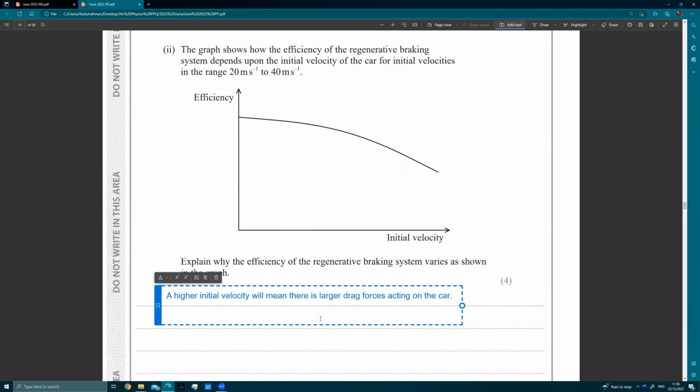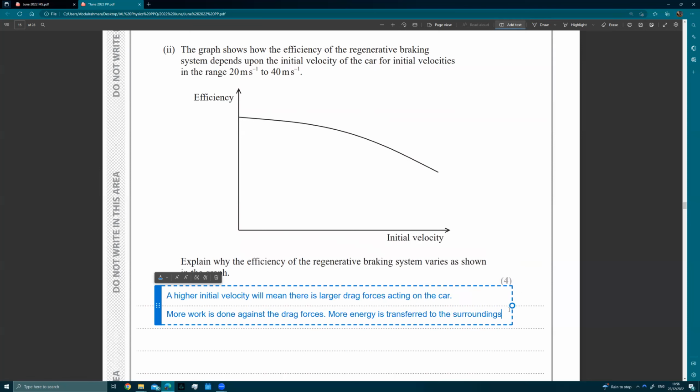Obviously, if there's more drag forces acting on the car, more work is done against the drag forces. What is work done? Energy transferred, i.e. more energy is transferred to the surroundings due to the drag forces. So more energy is transferred to the surroundings, i.e. more wasted energy.